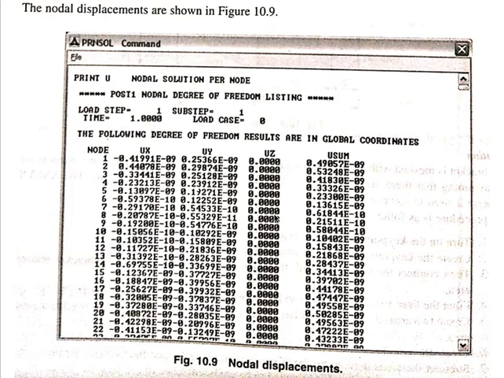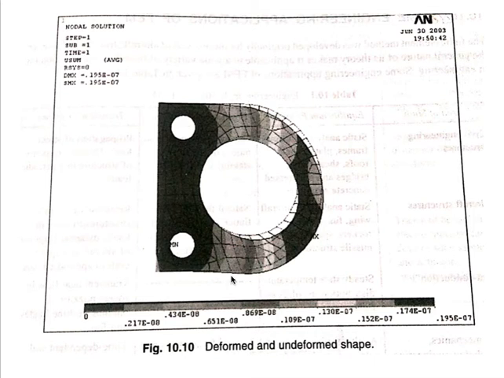So once you have done this nodal displacement result, you will get this kind of figure where deformed and undeformed shapes will be shown. This is the deformed shape, and see here a little bit of deformed shape.